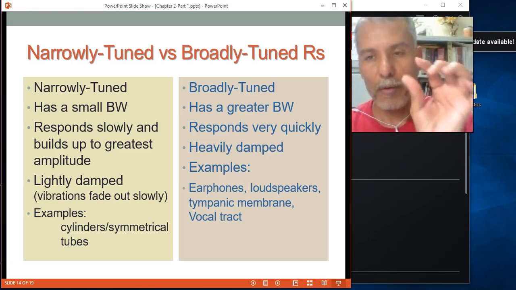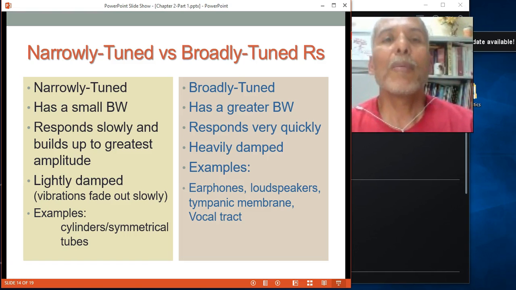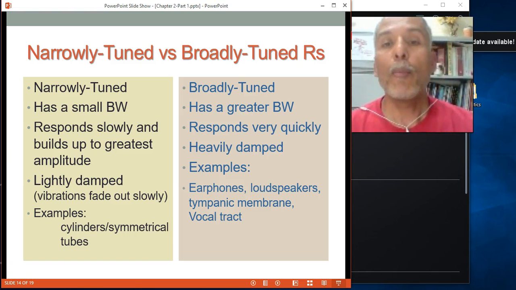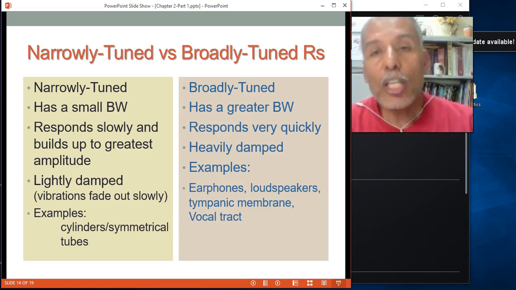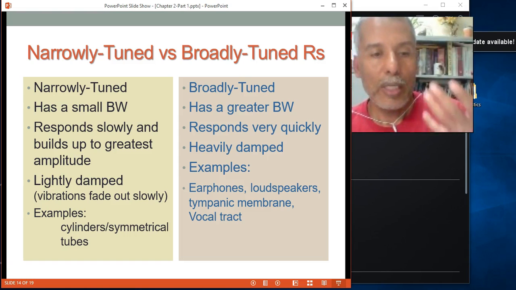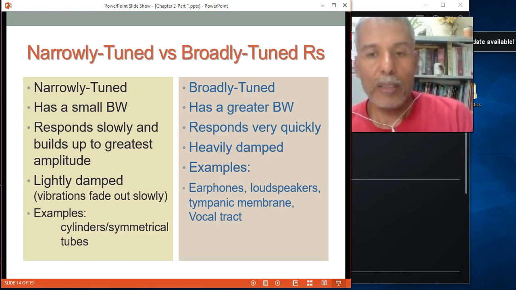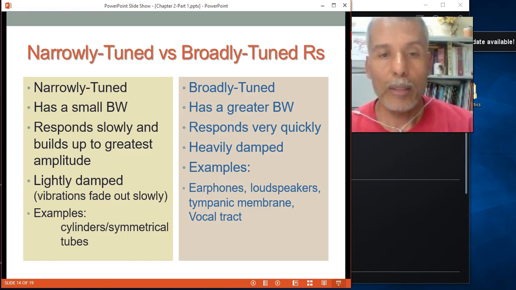They have to be very, very close to their own to allow them to amplify them. So the more symmetrical something is, the more narrowly tuned it is. The more irregular it is, the more broadly tuned it is. So things that are not regular in shape, that are not symmetrical, are going to give you a broad band.